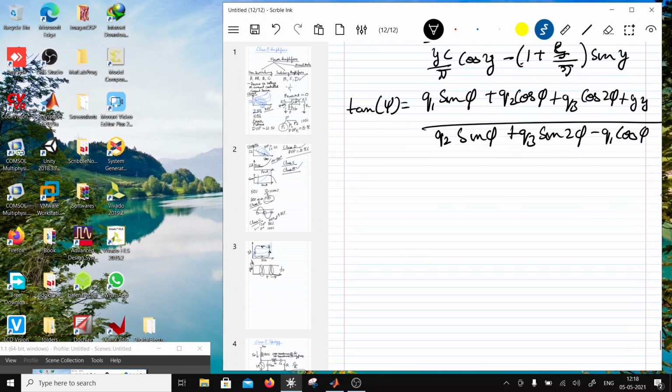So this is that, where q1 is equal to minus twice of g sine of phi minus y, into sine of y minus twice of y sine y.